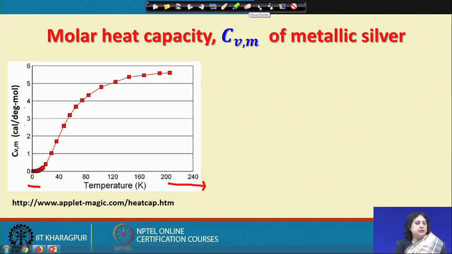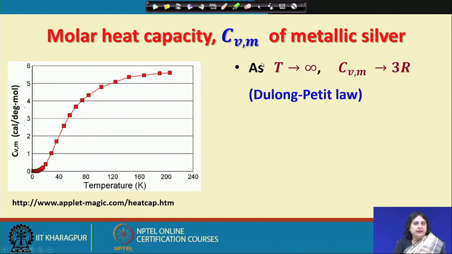Actually, this particular behavior is not specific to the system for which I am showing the experimental data. Rather, this is representative of what you typically observe as you measure the specific heat of a solid. At very high temperature, all solids exhibit a constant value of the heat capacity.